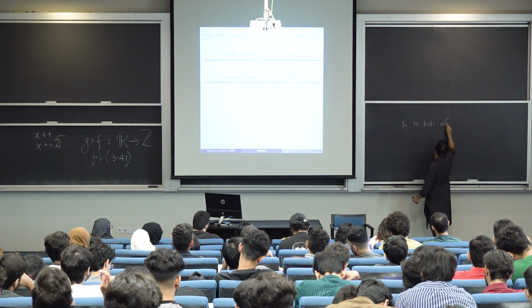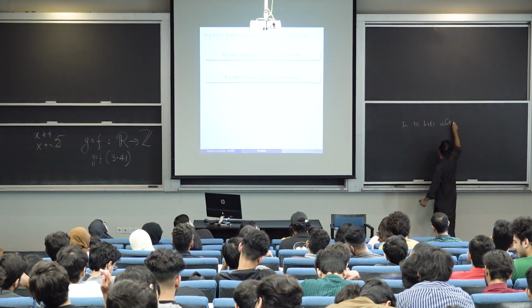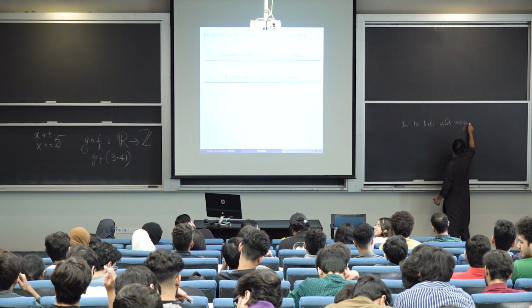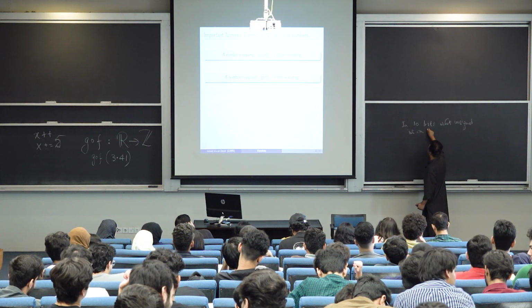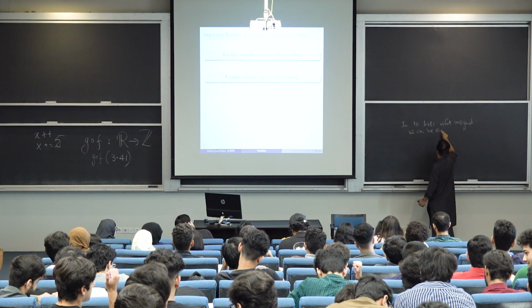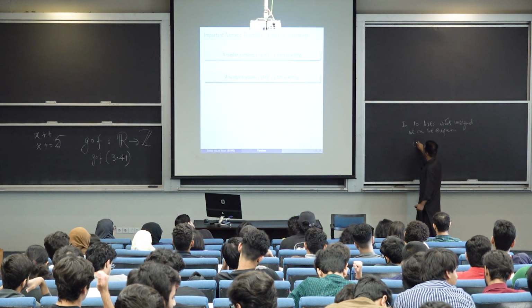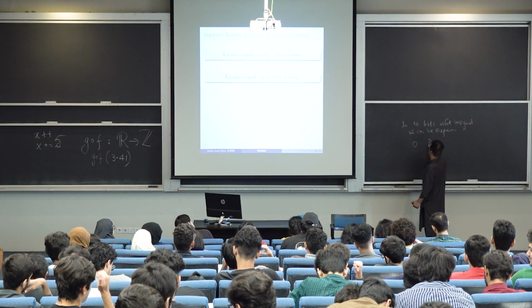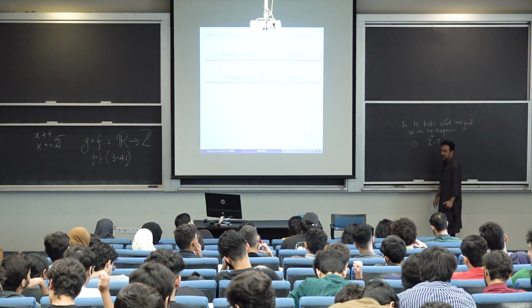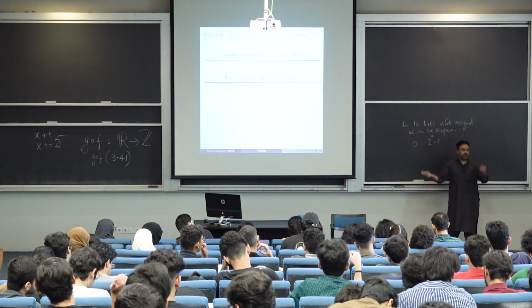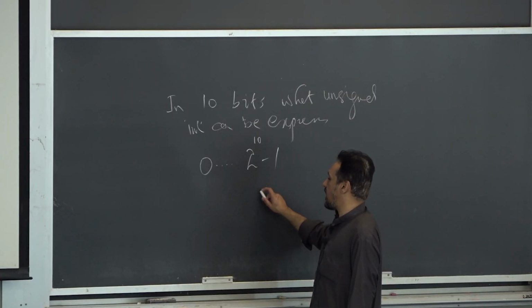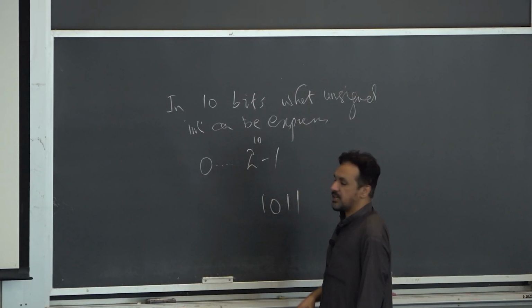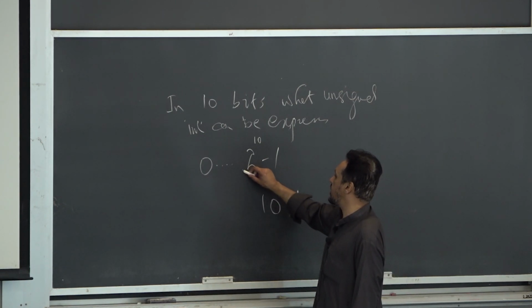What unsigned integers can you express? 0 to 2 to the 10 minus 1, that is 1023. Now I am asking the reverse question. How many bits do you need to express this number?